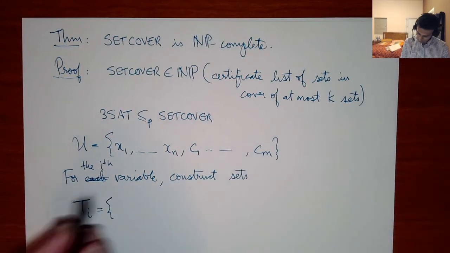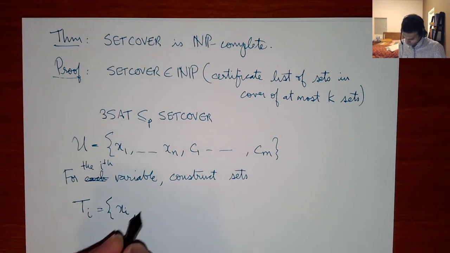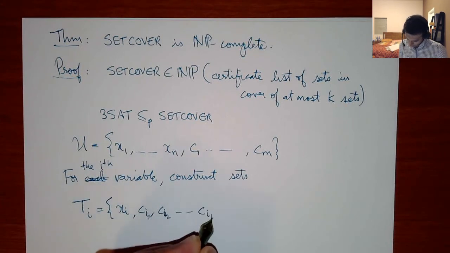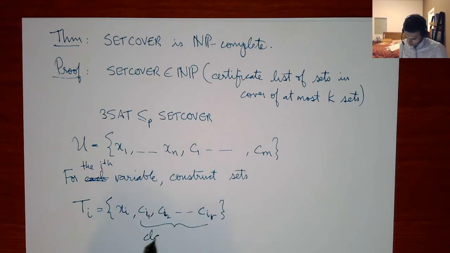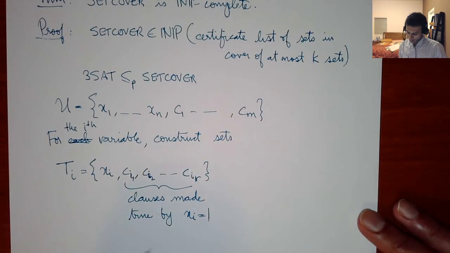So T of i is going to be x_i, and I'll just say C_i1, C_i2 to C_ir. These are the clauses made true by x_i being true.